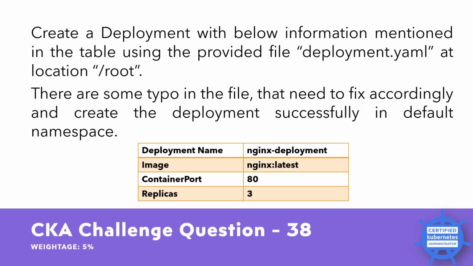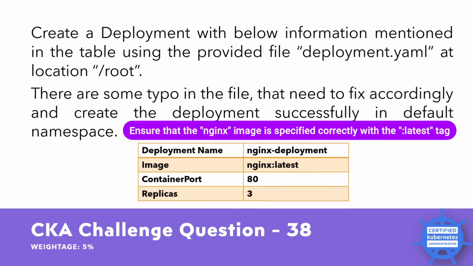To complete this task, you will need to open the provided YAML file and identify any errors or typos in the configuration. Specifically, you need to ensure that the nginx image is specified correctly with the latest tag, the container port is set to 80, and the number of replicas is set to 3.